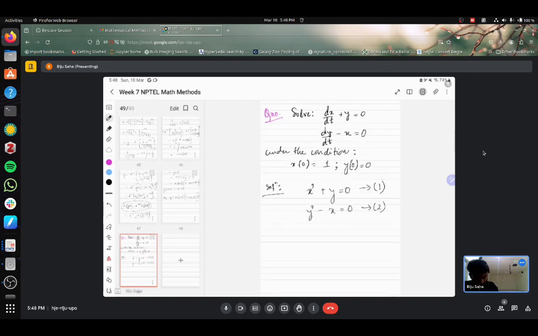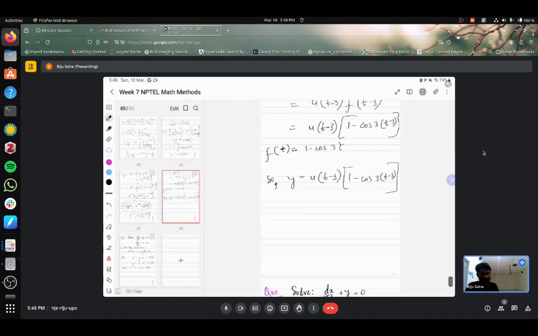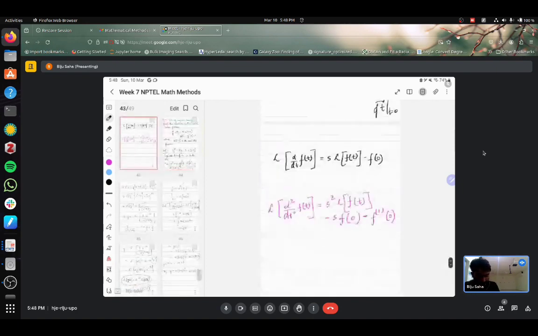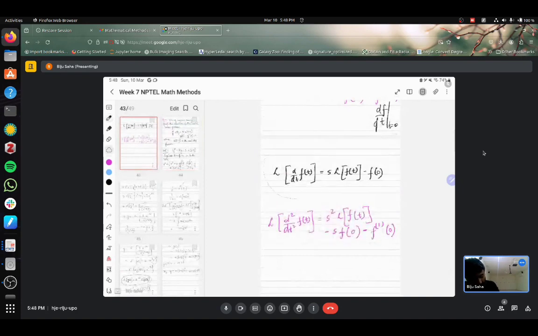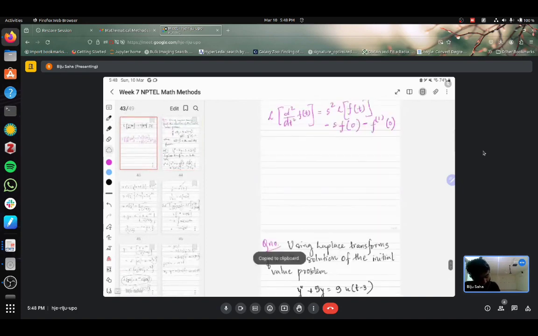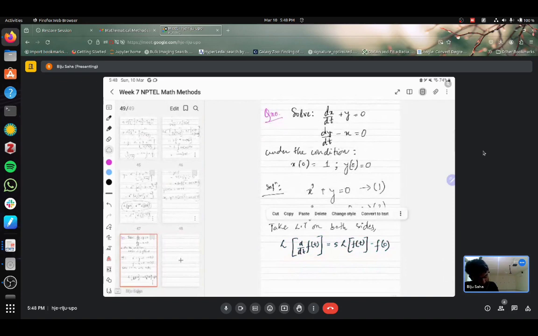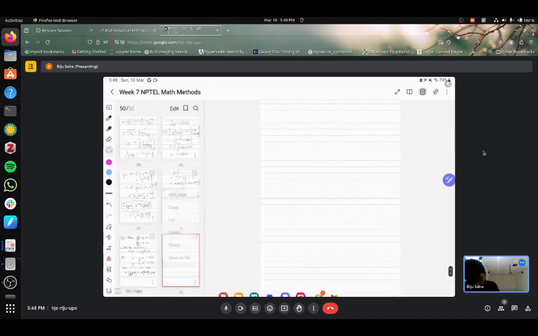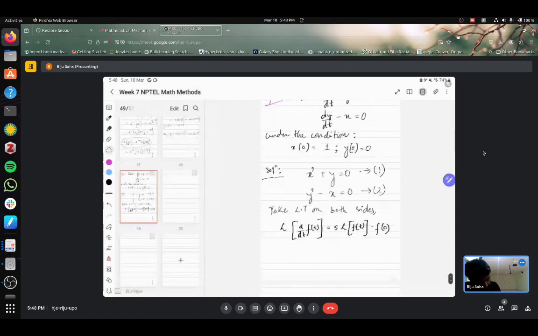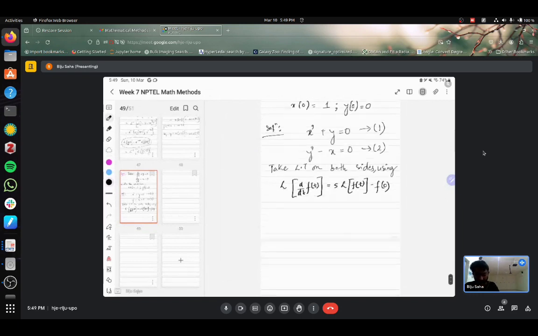Remember, a first order derivative is there, so we have to use this result.